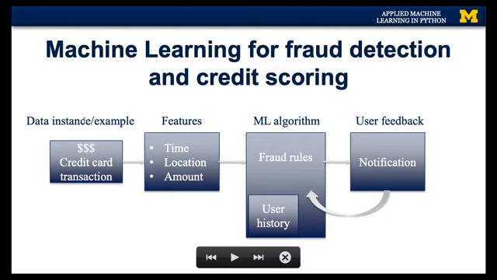So as an example of the data instance, we have some credit card transactions, and from these transactions we extract features like the time of the transaction, the location of the transaction, the amount in the transaction, and many other pieces of information. We take these as features and then we make rules.